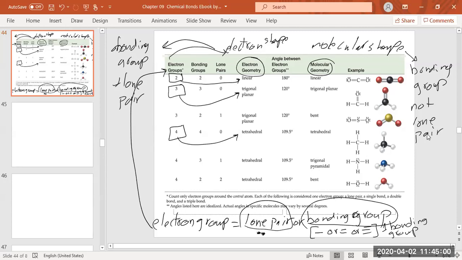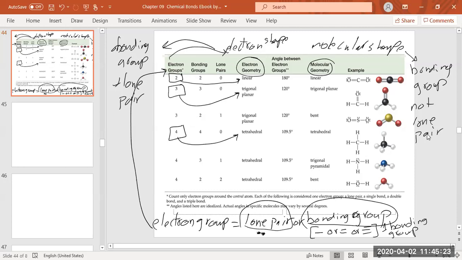Now the molecular shape shows only the bonding groups, not the lone pairs, in space. You will see how many lone pairs we have, and it will give you a different molecular shape.